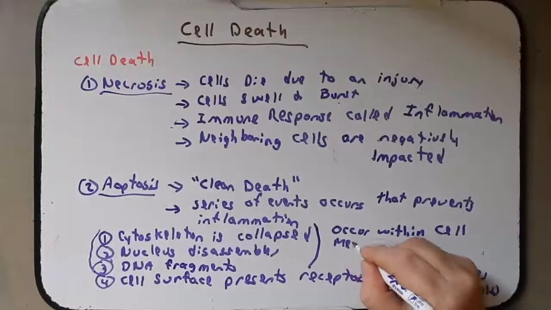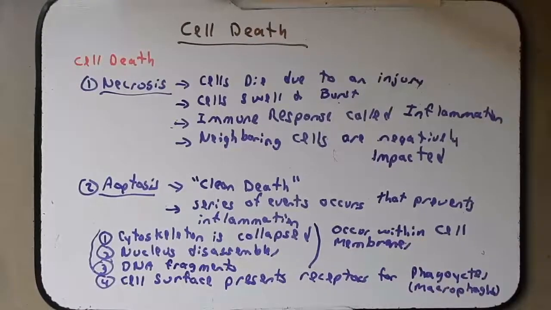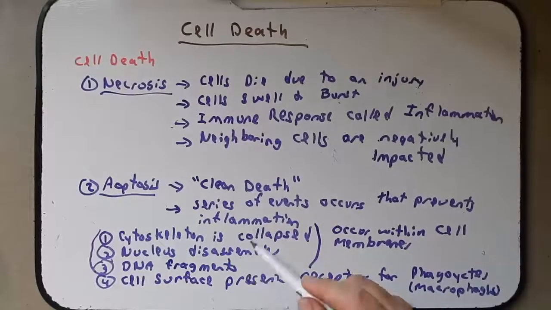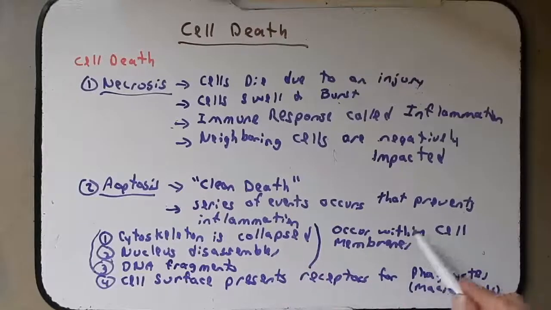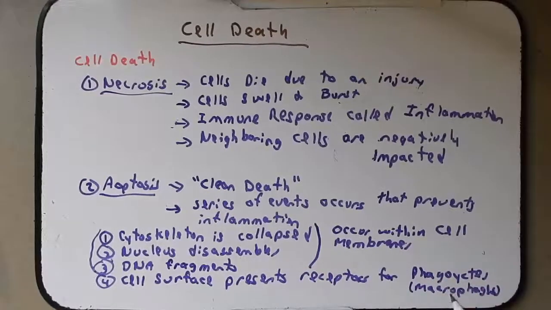These first three steps occur within cell membranes. Now sometimes these cell membranes won't be this big cell, but rather blebs of cell that have been broken up. But they're still protected from the extracellular environment, because all the components are within the cells. And that is what allows these phagocytes, the macrophages, to be recruited and engulf them. By doing this, you prevent inflammation.